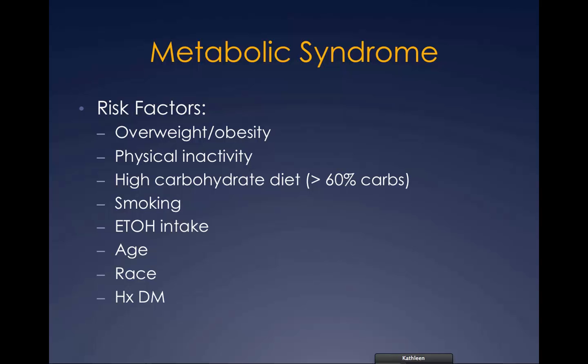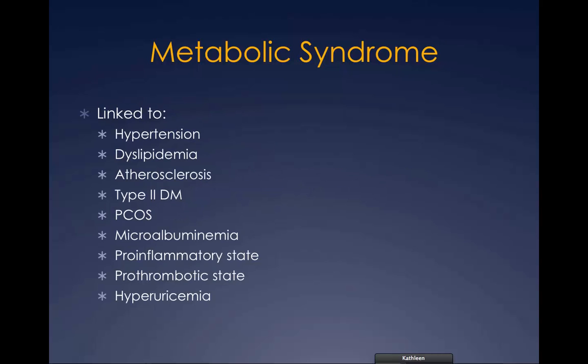African American, Hispanic, Asian, they have an increase of cortisone, which creates inflammation that they found a lot in individuals with metabolic syndrome who are American Indian, African American, Hispanic, and Asian. Also, patients who are on atypical antipsychotics oftentimes have metabolic syndrome. So metabolic syndrome is linked to many things.